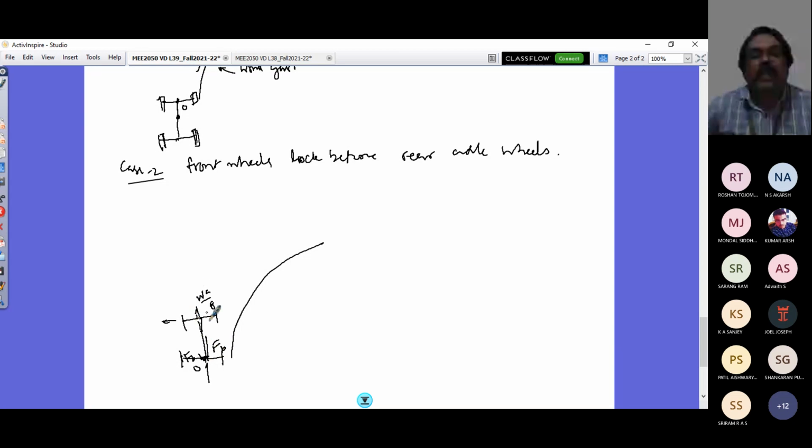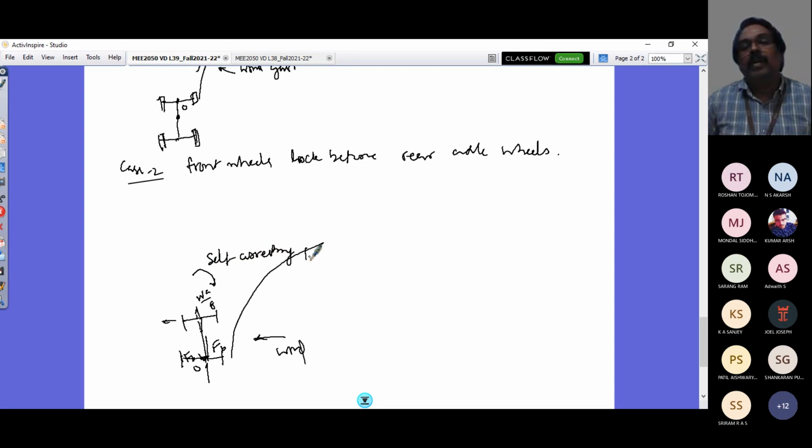So it will be self-correcting. This is drifting, and this would be self-correcting. The couple would be in this. So instead of going away from the course, here the disturbance is the wind, the vehicle rear wheels are rotating, front wheels are locked. This would be going out. So the steering requirement should be counter steer, so that it will be going straight, and that gets assisted with this. So this is the self-correcting couple.